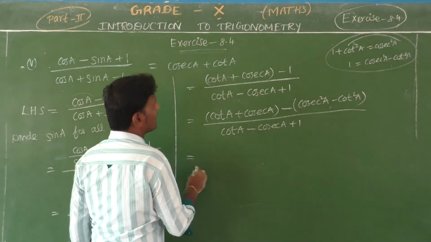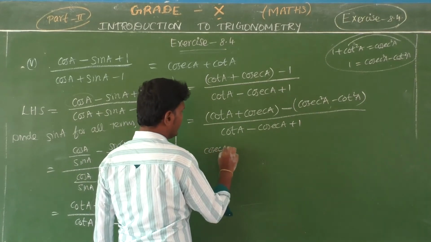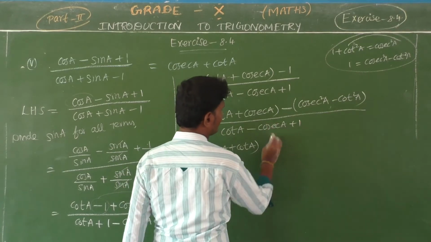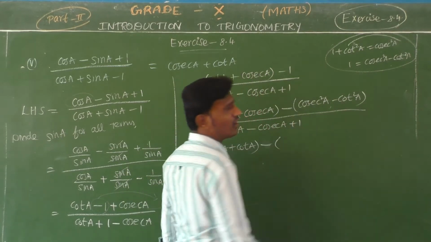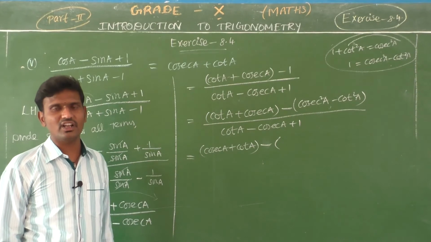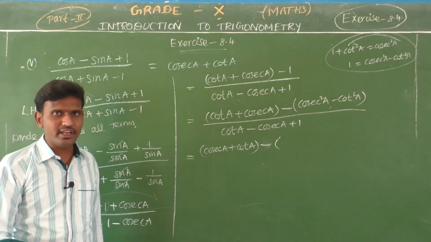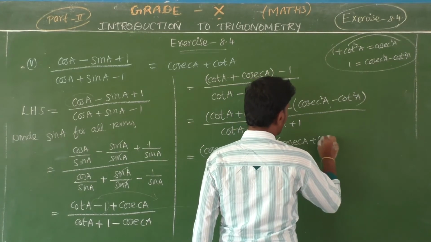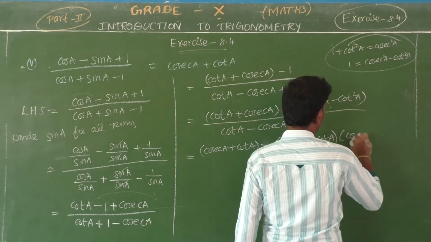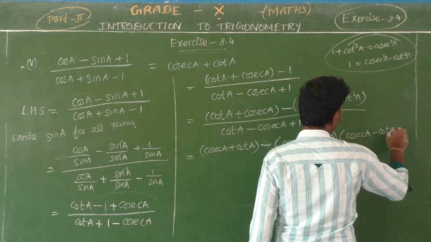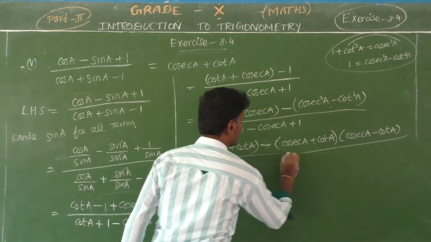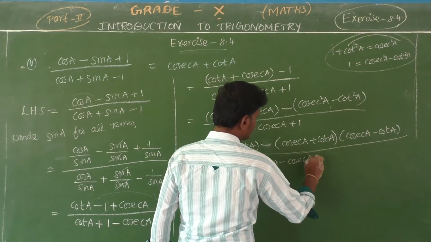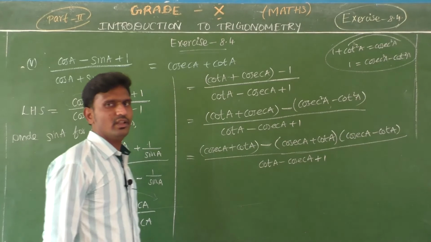Now I am going to arrange the terms as cosecant A plus cot A. It is addition only, so no problem. The minus part is in the format of a square minus b square, so simply you have to write (a plus b) into (a minus b). So write (cosecant A plus cot A) into (cosecant A minus cot A), the whole divided by cot A minus cosecant A plus 1.